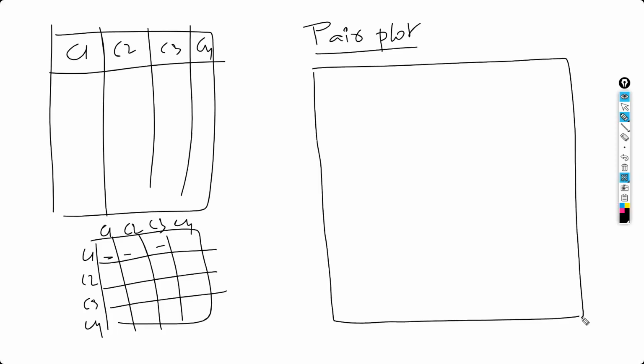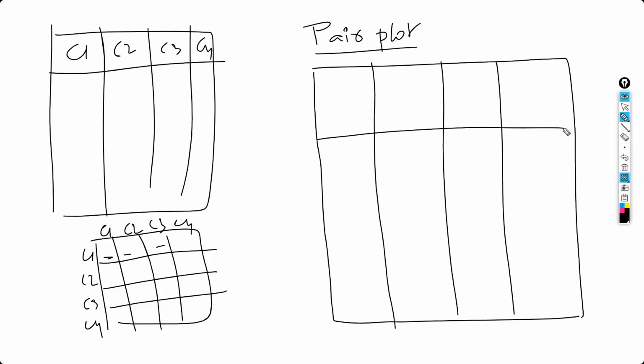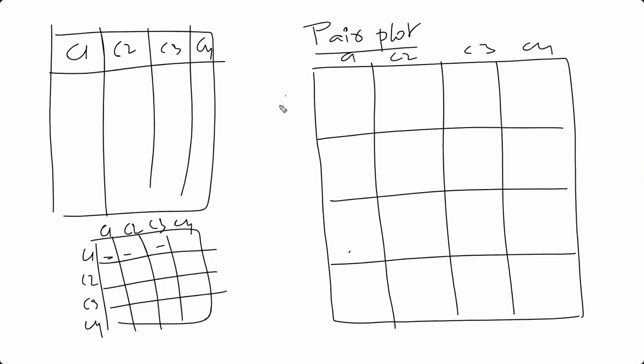You can't increase, you can't decrease. 4 means 4 by 4, with C1, C2, C3, C4 on both axes. And it should be applicable only on continuous variables. You should not consider discrete categorical, not even discrete count. It is purely continuous variables.